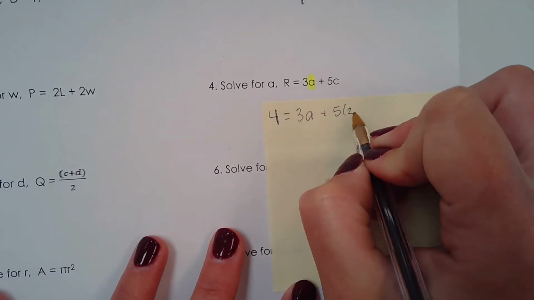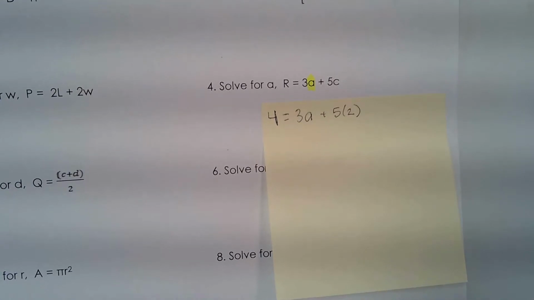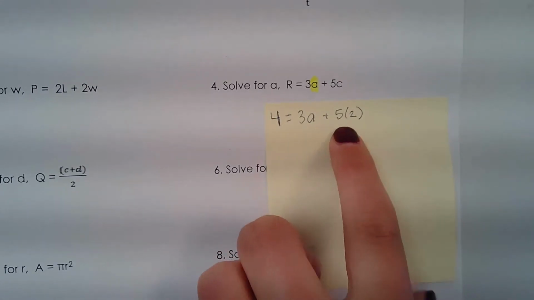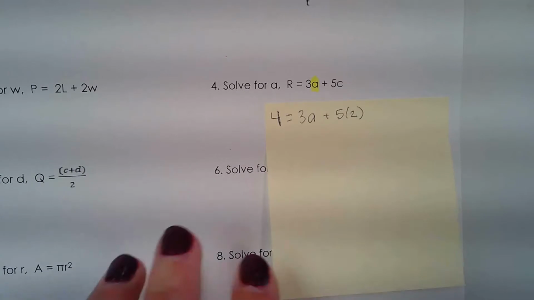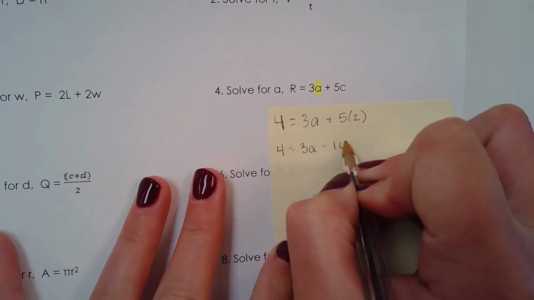Okay, cool. We just made these numbers up, so our answer's probably not going to come out nice and neat. So when we get a fraction, don't freak out. What will we need to do first here? The times 5. 5 times 2, what do you get? 10. So can we just subtract 10 from each side? Yeah.